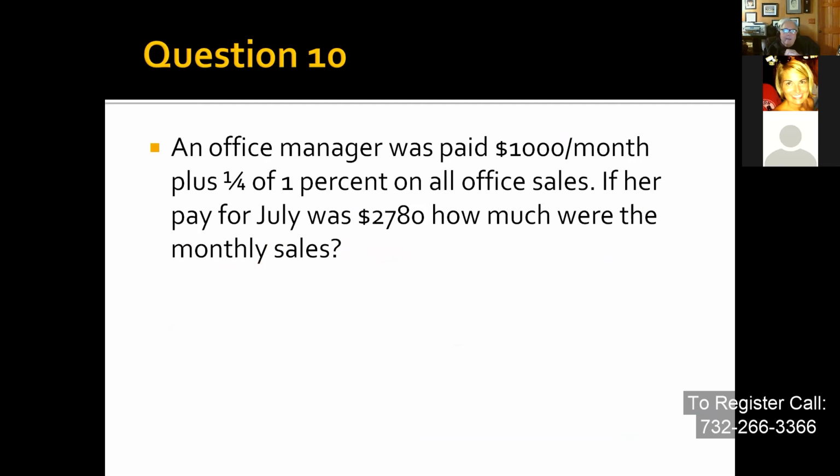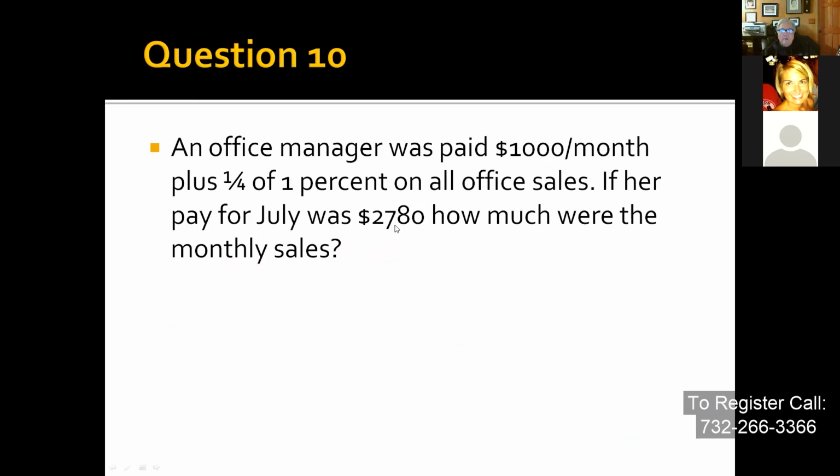An office manager was paid $1,000 a month plus 0.25% on all office sales. If her pay for July was $2,780, how much were her monthly sales? So we know that the first $1,000 was her flat fee.